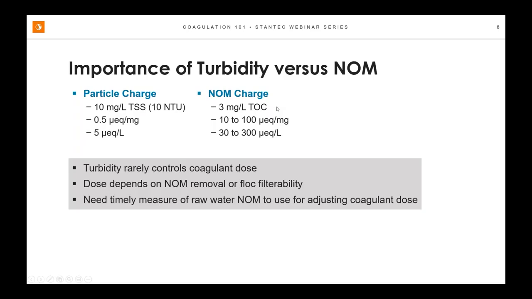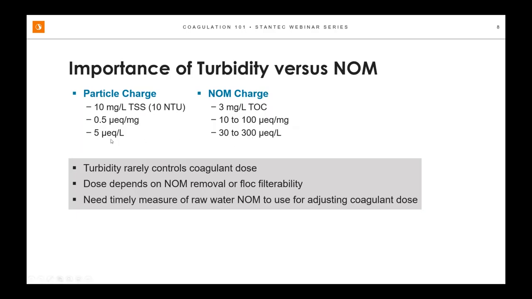But if we had just 3 milligrams of TOC, and depending on just what exactly that TOC was like, it could have a charge of 10 or maybe 100 milliequivalents per milligram. So the contribution of negative charge from the NOM could be 30 or 300.